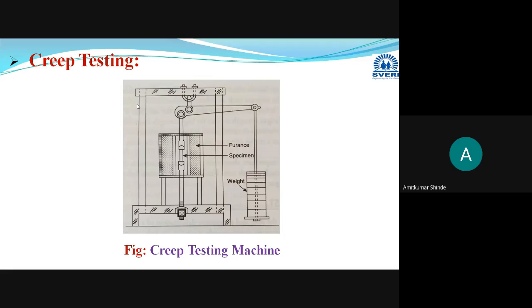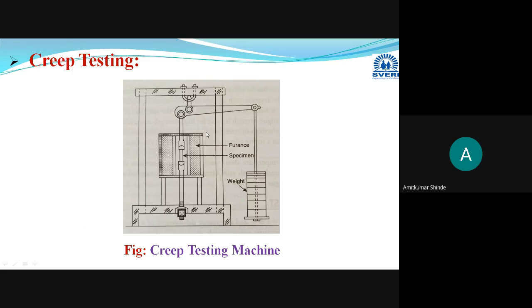I'll simply repeat the test procedure. The metal under the test will be prepared, that is, the specimen will be taken. While taking this specimen, you have to give its cross section some shape; it may be circular, square, or rectangular. You can use any cross section, and it is fixed in this arrangement.